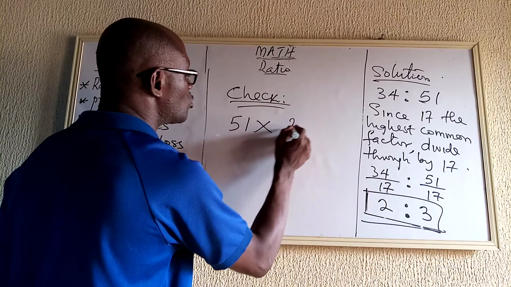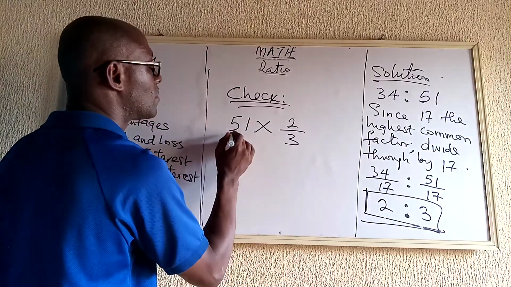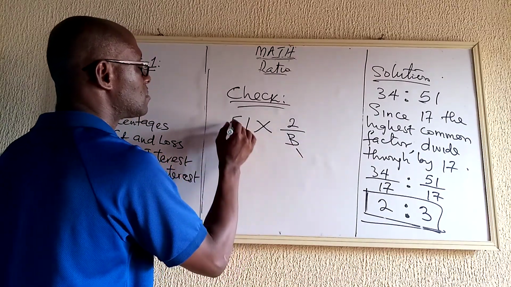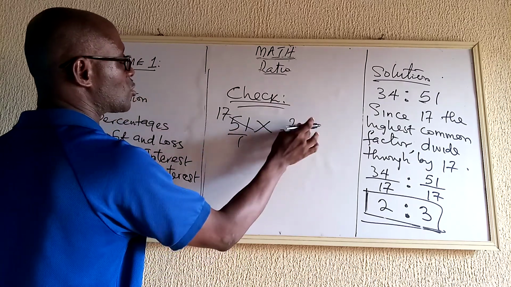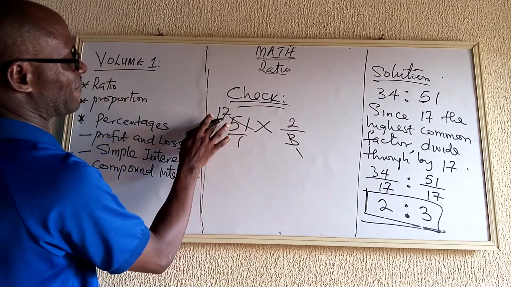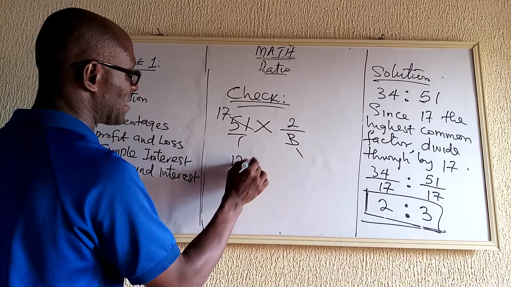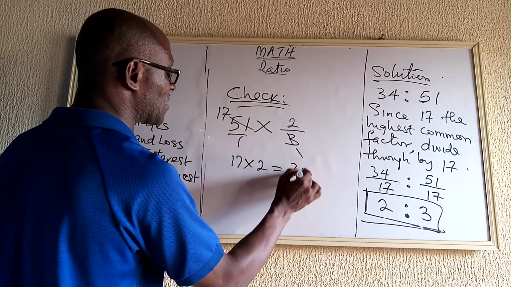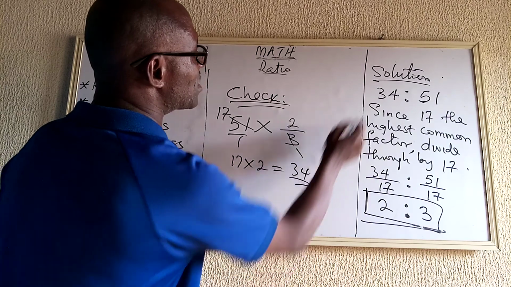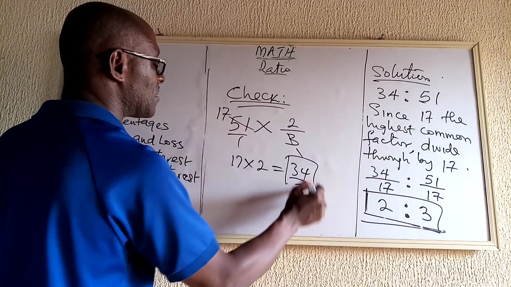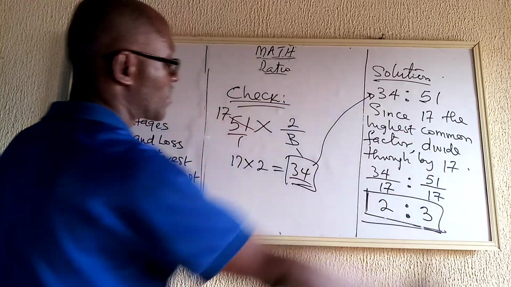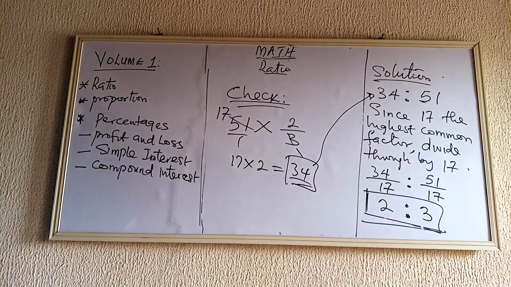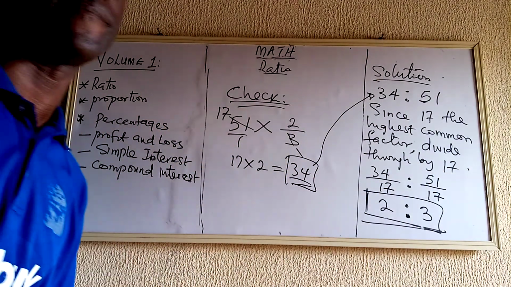That will be 2 over 3. 3 into 51 gives 17, and 2 times 17 will give us 34, which is the new number we are interested in. So you can see there is no confusion here.